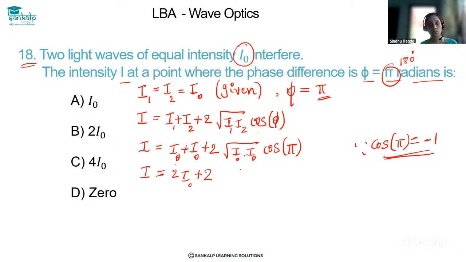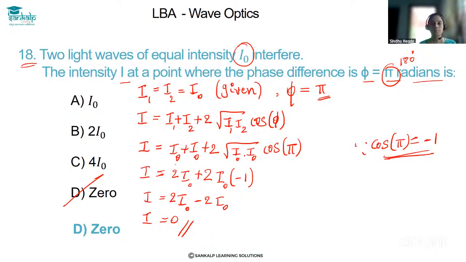So the square root gets cancelled out, remaining I naught. 2 I naught into the cos pi value of minus 1. Now the expression becomes I is equal to 2 I naught minus 2 I naught. It gives 0. So the correct option is option D, 0.